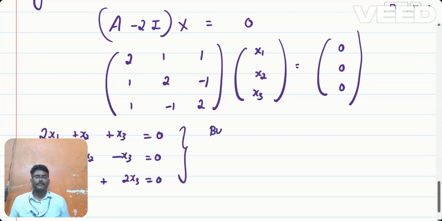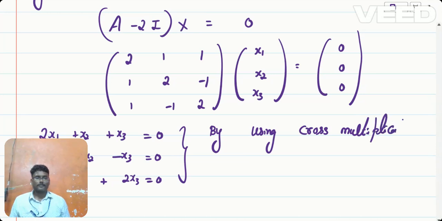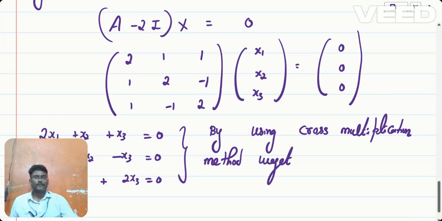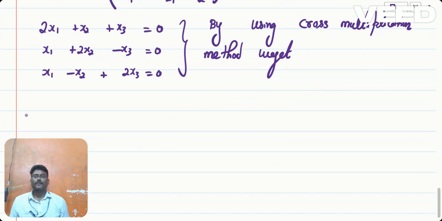By using the cross multiplication method, we take the equations 1 and 2: coefficients 1, 1, 2, 1 and 1, 2, minus 1, 1.